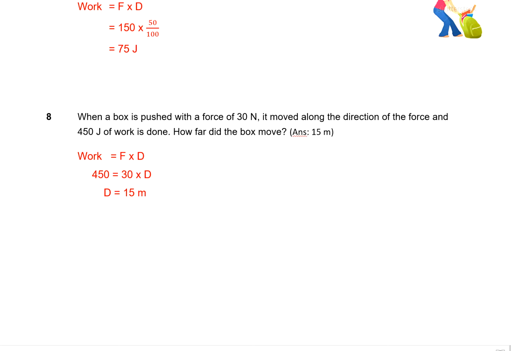Question 8. For question 8, again, the work is given, the force is given, and you have to calculate the distance. So just be careful with the moving around of the numbers. You should get 15 meters. Again, take note, if the question asks for distance, your unit must be in meters. So be very careful with units.